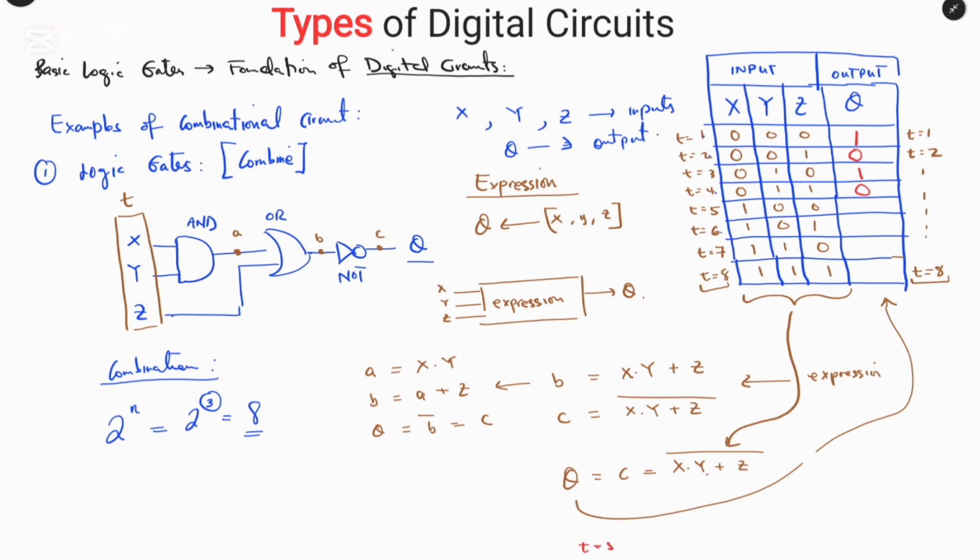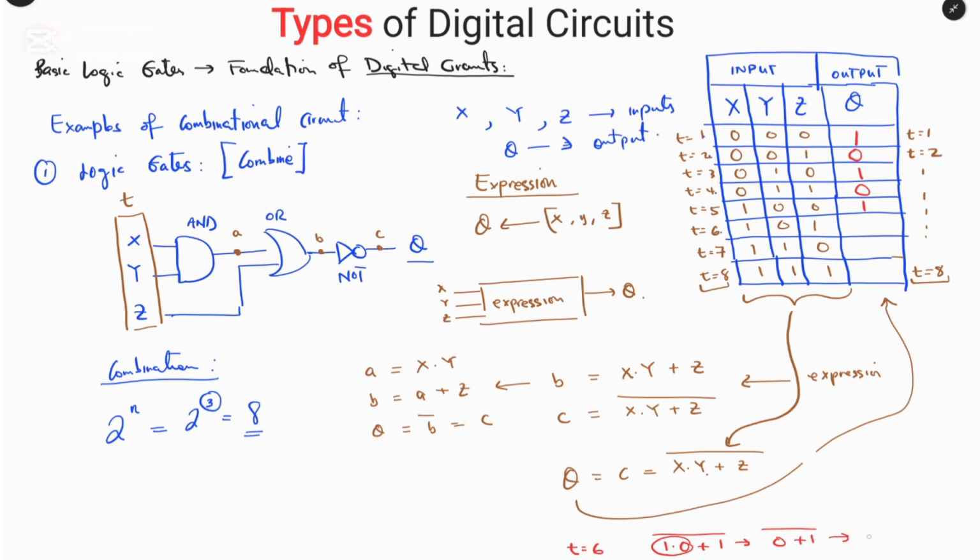For t equals 5, we should have 1.0 plus 0 inverted. So this portion will become 0 plus 0 is 0 inverted. So the output will be 1. So we can fill in 1. And for t equals 6, we should have 1.0 plus 1 inverted. So this portion becomes 0 plus 1 inverted.